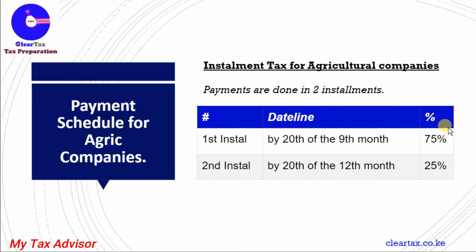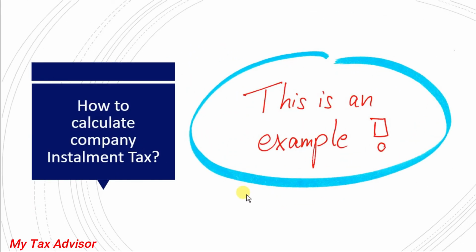But there's a disconnect in how you do the installments, so they're done in 75 and 25%. With that said, let us now look at a case study of how you would compute installment taxes for a company. Come along.